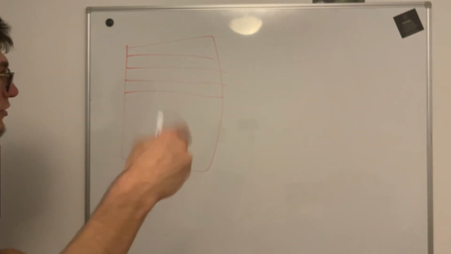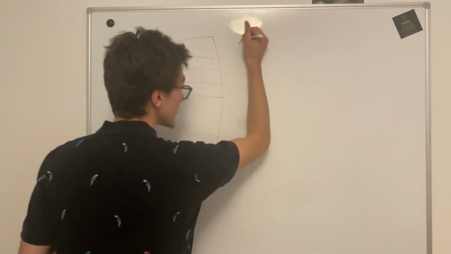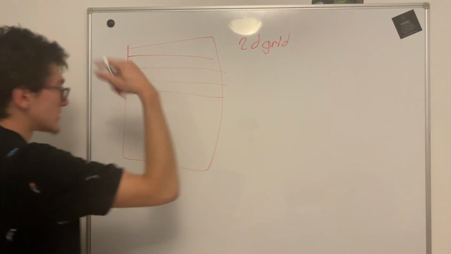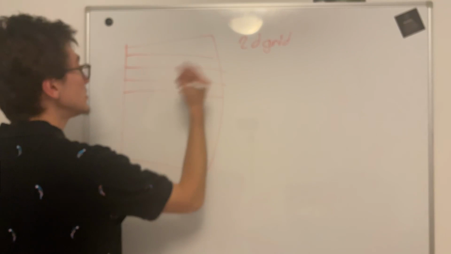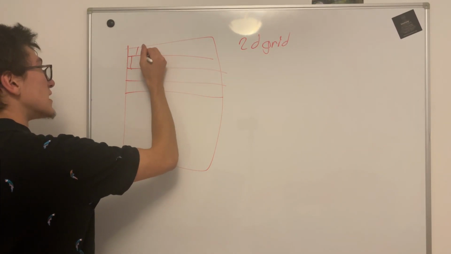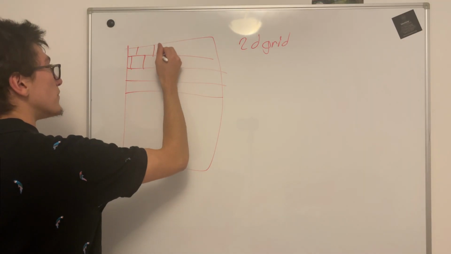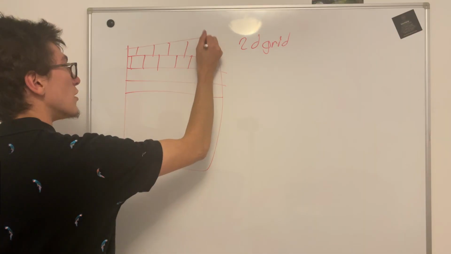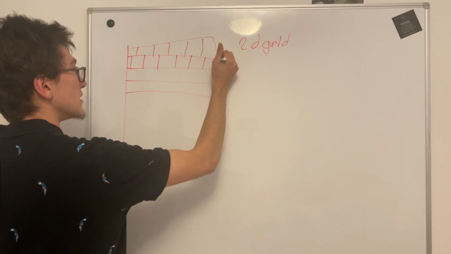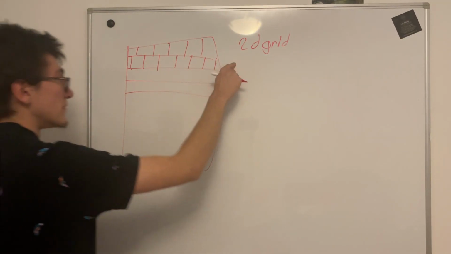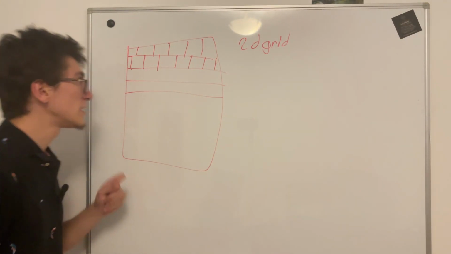But we'll keep the principle of a 2D grid, because it's still a 2D grid. The only difference is that there is going to be an offset between the odd rows and the even rows. So that's basically going to be it.